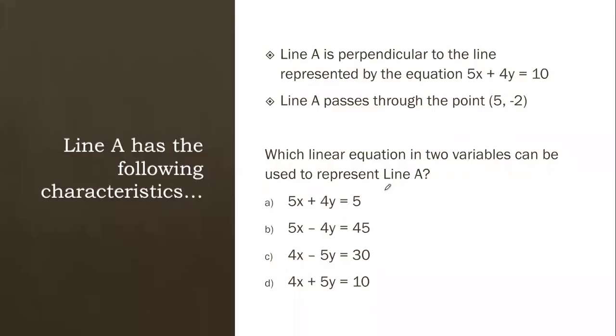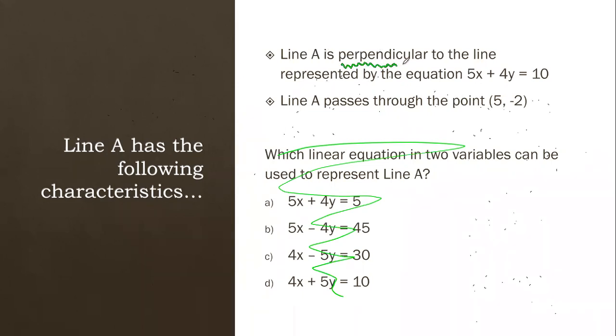All right, two more examples, then we're done. So line A, and again, don't write the answer choices down. Let's just write down these two bullet points. Line A is perpendicular. So automatically I know this is asking for the negative reciprocal.